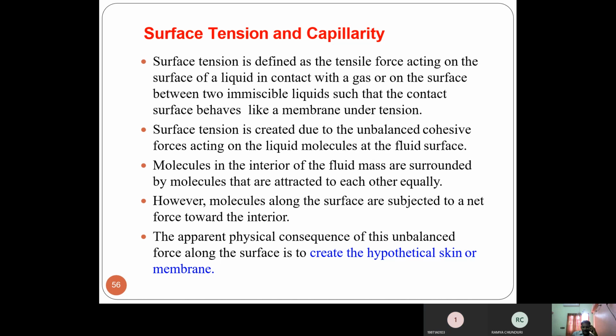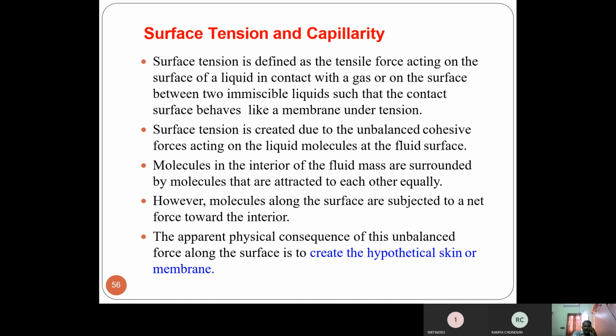I'm not talking about the secrecy of rain. I am talking about the structure of water dews, which is because of the surface tension.